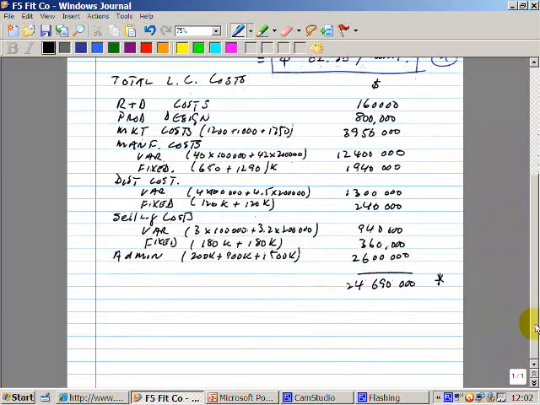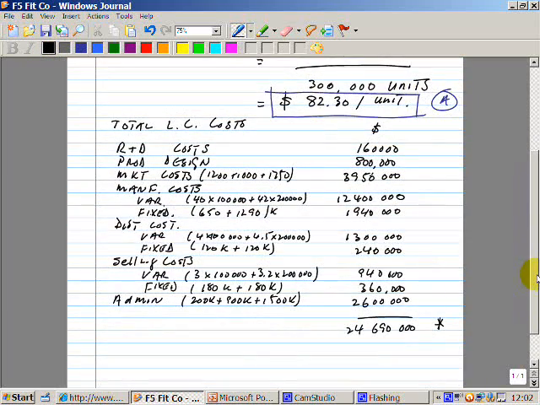Now, part B of the question asks us to revise the total cost, the 24,690, when we have come across some further information about the impact of the learning curve. However, part C asks us to discuss the benefits of life cycle costing, and so we could do that at this stage and pick up those 4 marks.